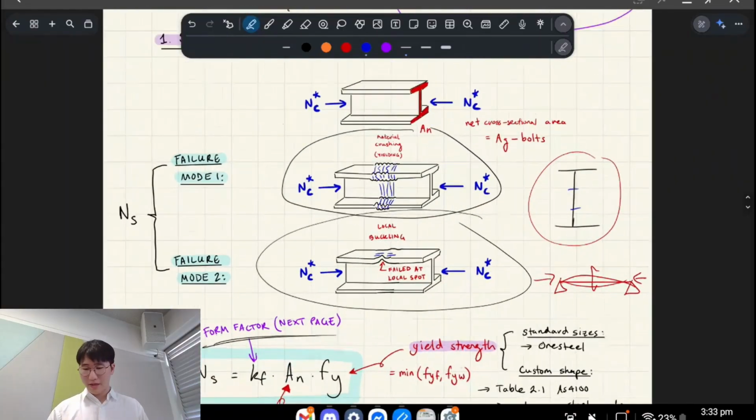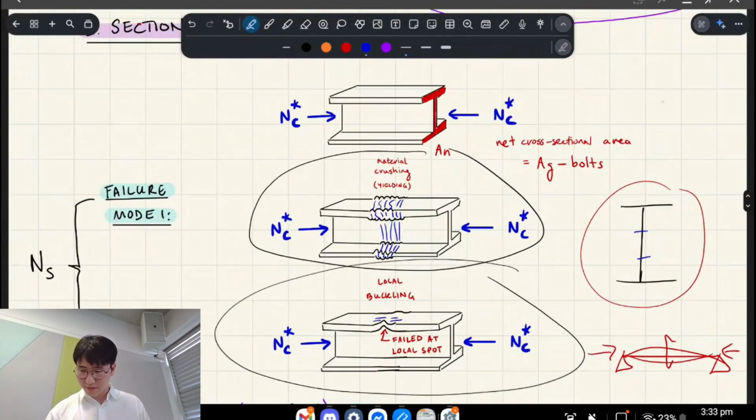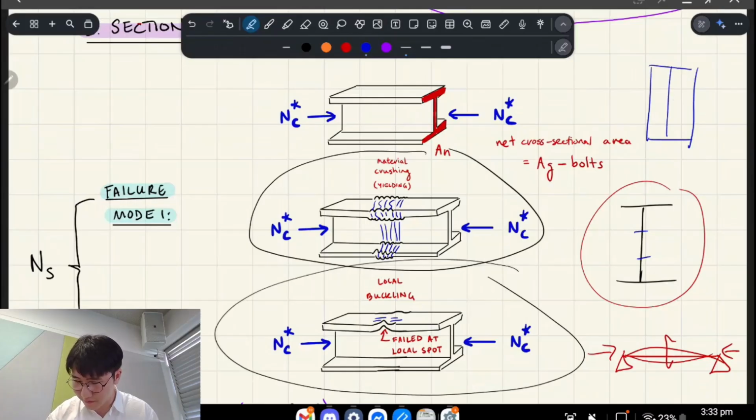because bolts don't take up a huge amount of cross-sectional area for compression members. The reason this is different to tensile members is a lot of the time tensile members might be a bracing member, for example. Imagine you have a warehouse, and this is a top-down view of the warehouse, and that's the ridge of your roof, right? So this is the roof of the warehouse, and we have all these different bays.